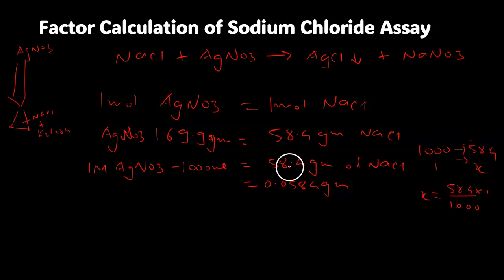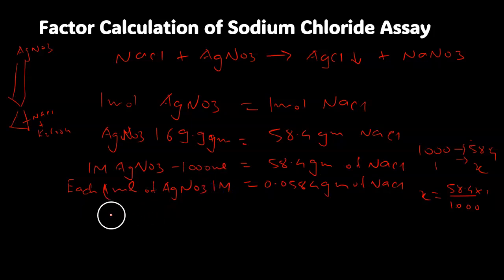You can see I have shifted this decimal 1, 2 and 3 places, because it has been divided by 1000, of NaCl. So each ml, means 1 ml, of AgNO3 will neutralize this much amount of sodium chloride, and that is for 1 molar.